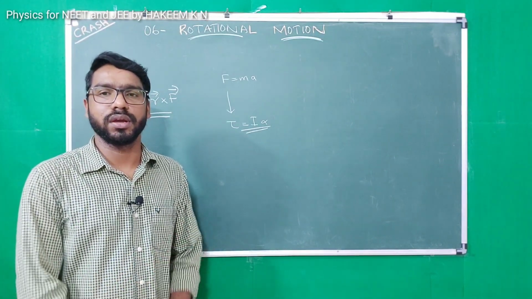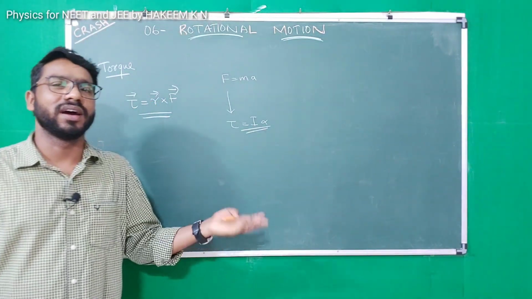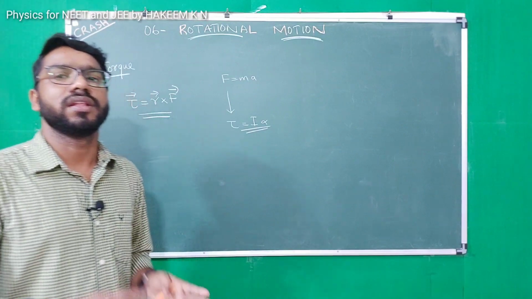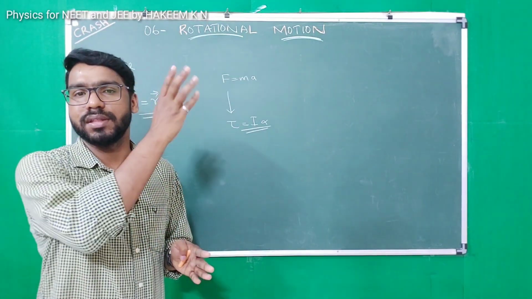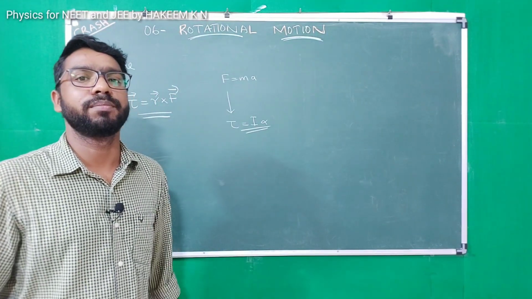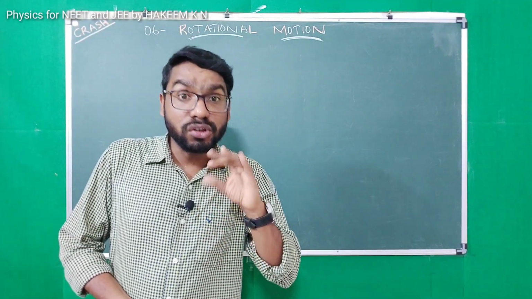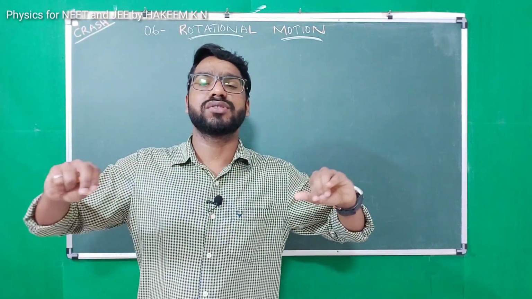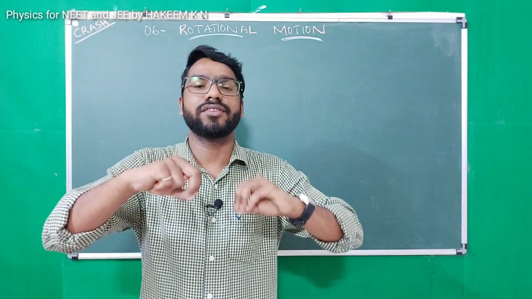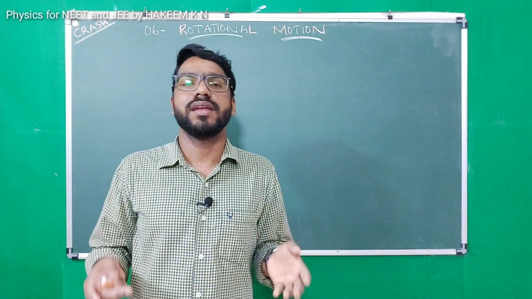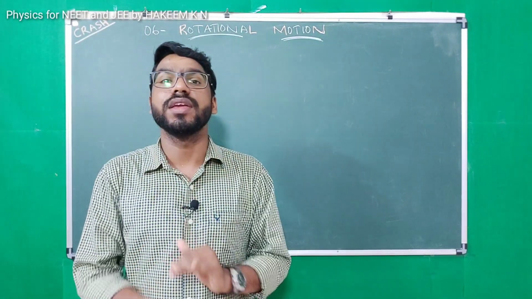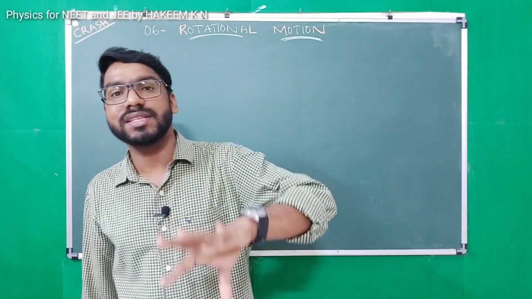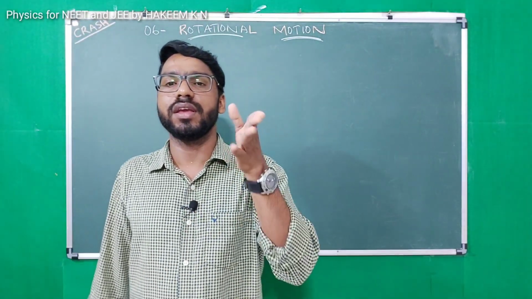So torque tau equals I alpha, and alpha is angular acceleration that we already discussed in the chapter motion in a plane. If the net torque acting on a system is 0, then the system is in rotational equilibrium.